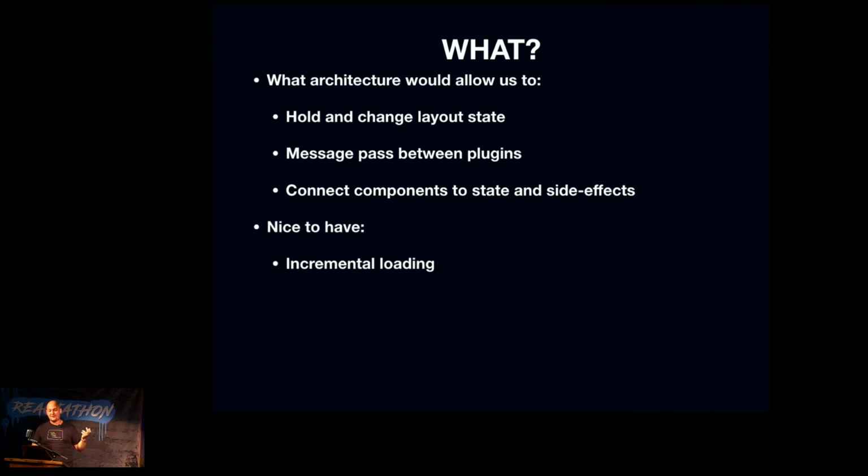A couple of nice-to-have things: incremental loading, an architecture where you don't have to load the entirety of the IDE the moment you hit the page. On Repl.it, we do server-side rendering. It's the first IDE that does server-side rendering, right? So we want to maintain that and do incremental loading. And we want to have serializable state, so we can send it from the server to the client. We can save it. You can go to a different session and deserialize the state.